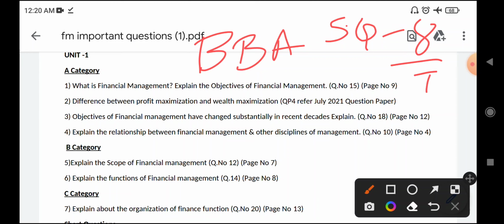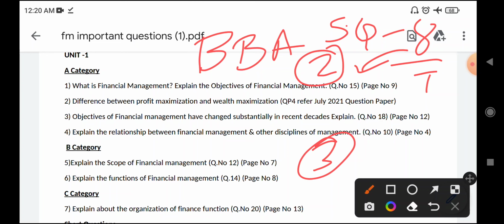If he wants to give any problems in short questions, he may give 2 short questions most probably. At most 3 short questions will be problems. In general all will be theory only, so focus on theory most.